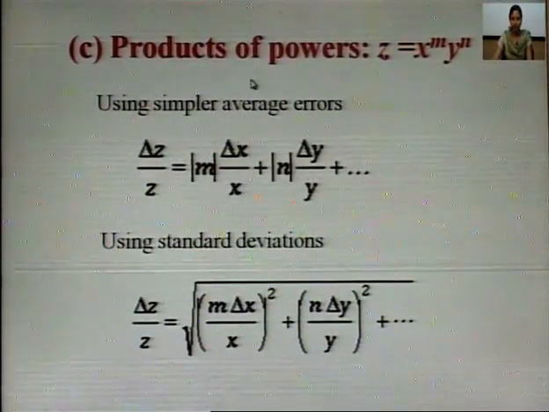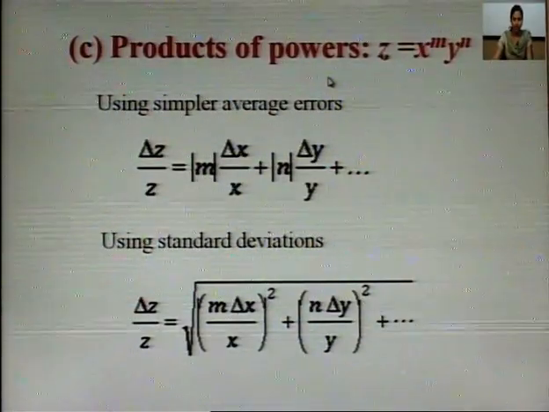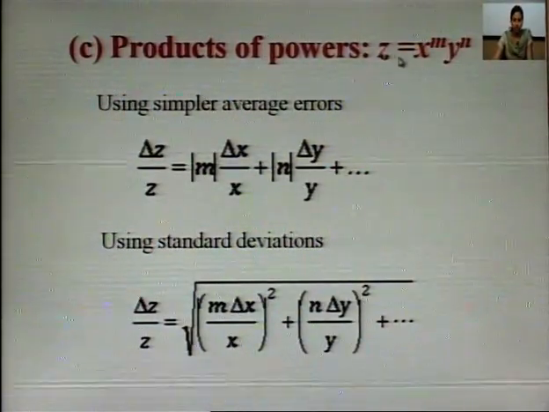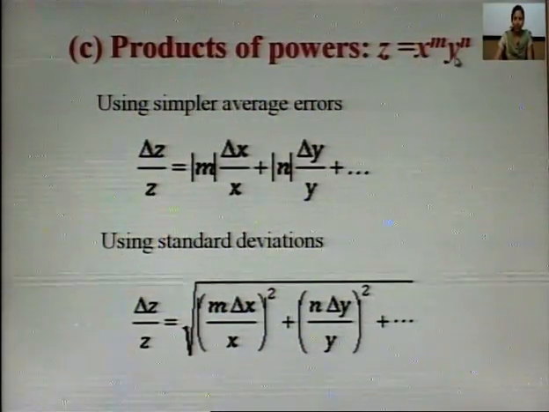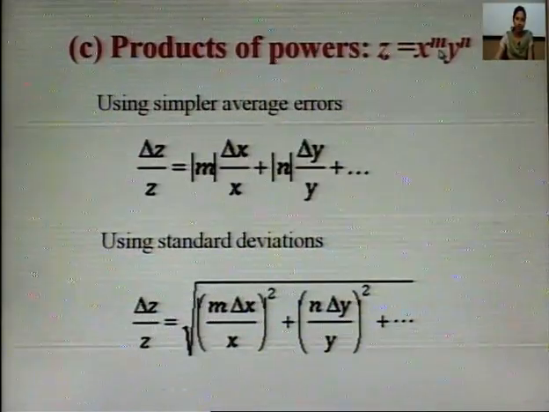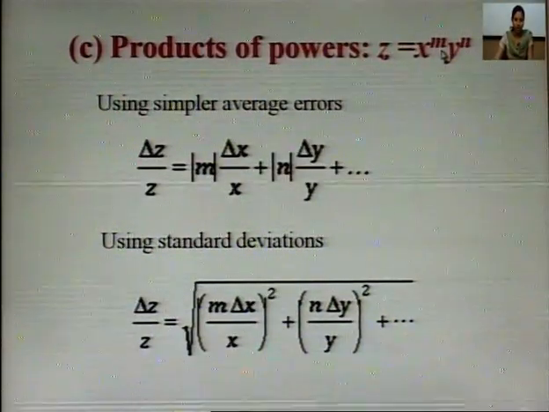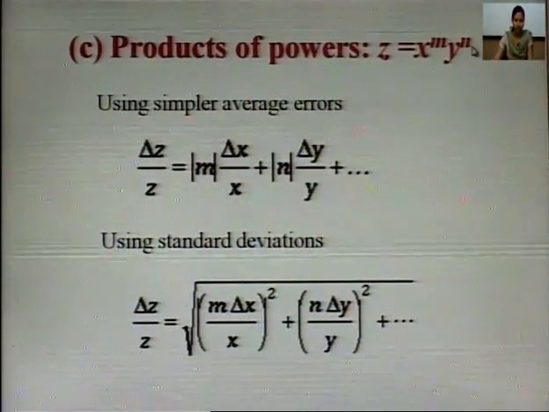Next we come to the next rule, that is product of power. So Z is a physical quantity which is given as x raised to power m, y raised to power n.